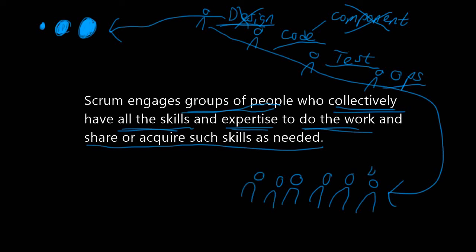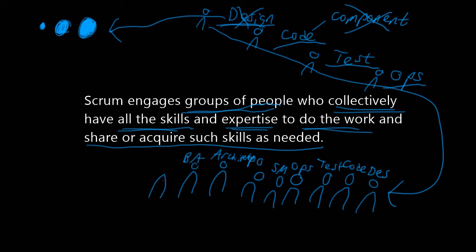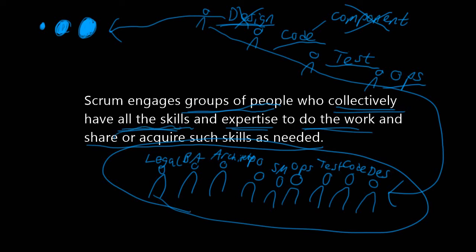So we have a design person, we have a coding person, we have a tester, we have an operations person, we have the Scrum Master, we have a product owner, we have an architect, then maybe even a business analyst or a legal person, right?